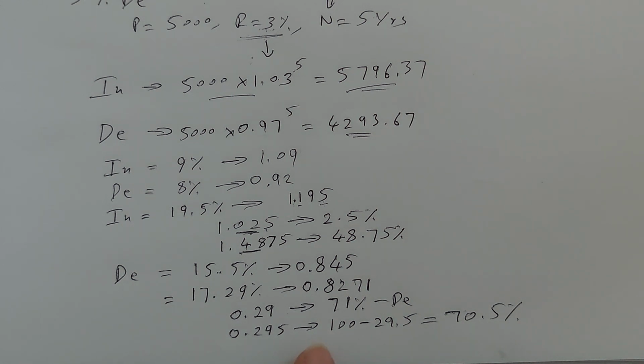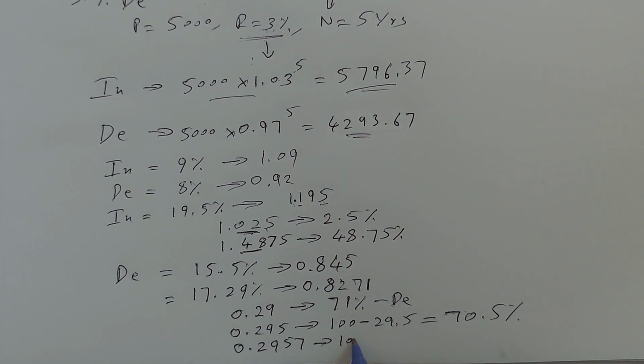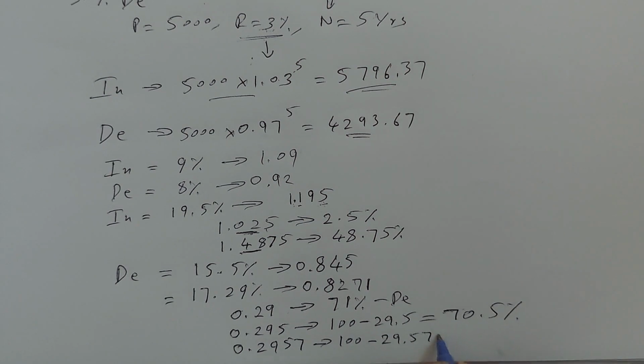So that is our decrease percentage for that particular value. Are you understanding? You're getting the logic. If you understand the logic, then it will be much easier for you to solve these things. So let's put one more here, which is 0.2957. If you're doing 2957, it means 100 minus 29.57.